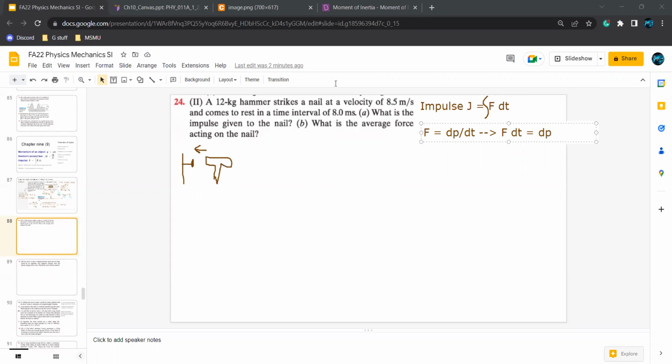That means that impulse also equals the integral of dp. Unless we have an equation with symbols for p, then that just means the integral is going to be p evaluated at the initial and final, which we also know as delta p.